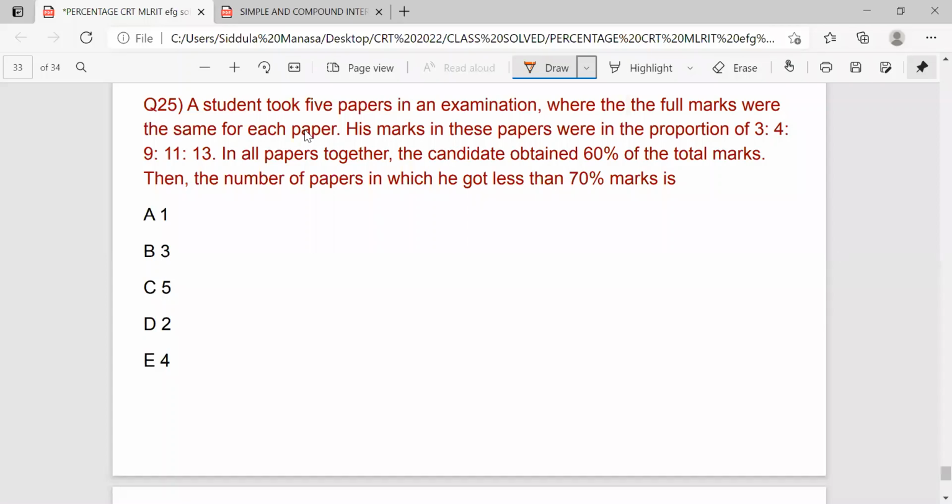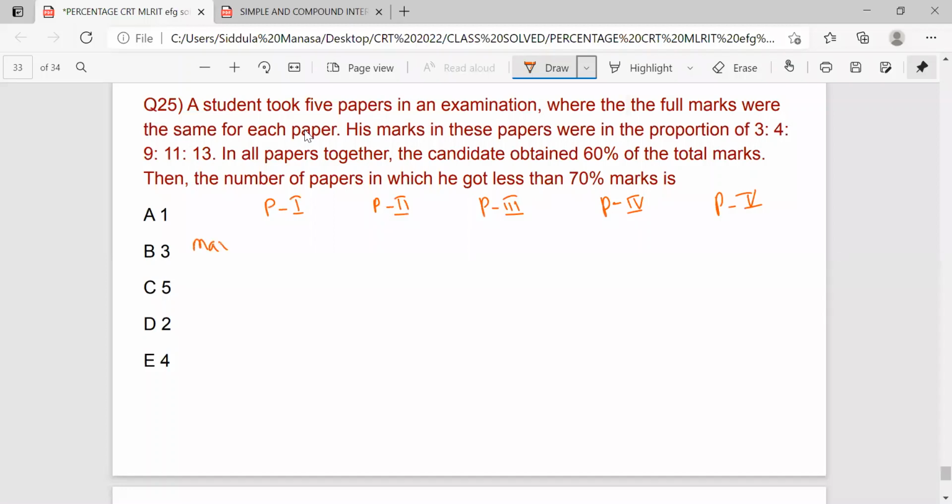Then the number of papers in which he got less than 70% marks. That's the question, right? So we have paper 1, paper 2, paper 3, paper 4 and paper 5.